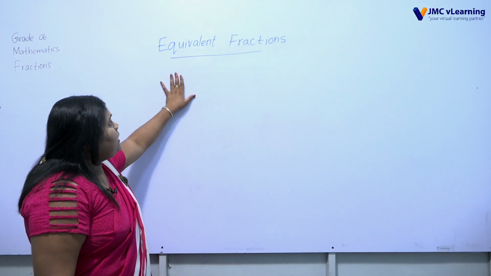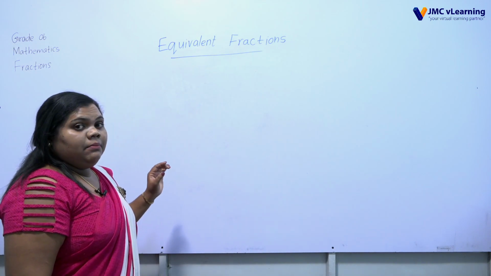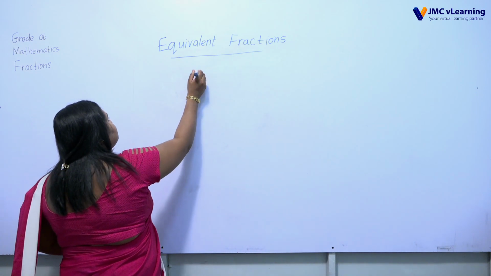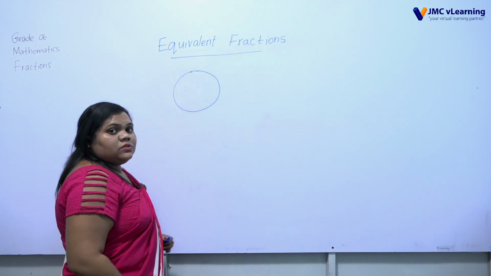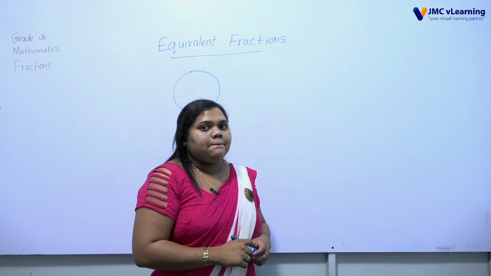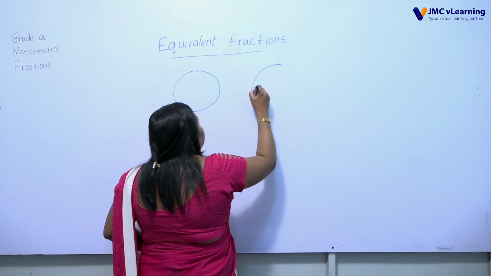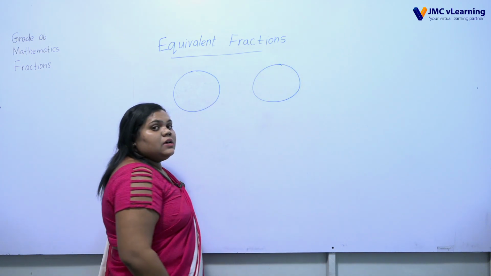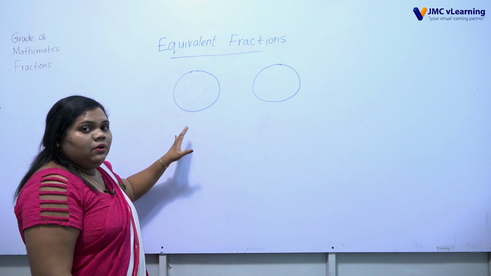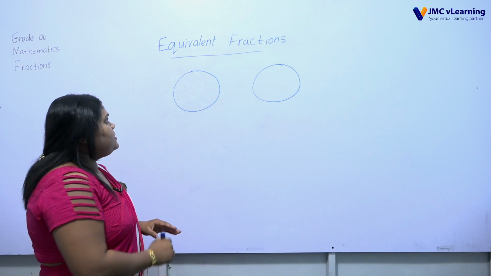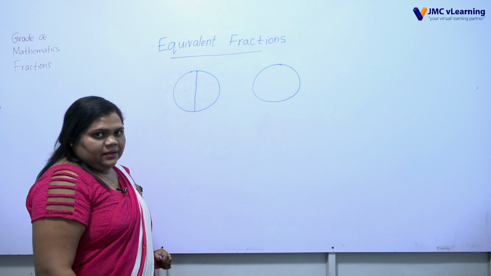Now we are going to talk about equivalent fractions. For that I am going to do some activity. You also can do this activity with me. For that you need 2 circles. You have to draw 2 circles. The first circle we have to divide into 2 parts.